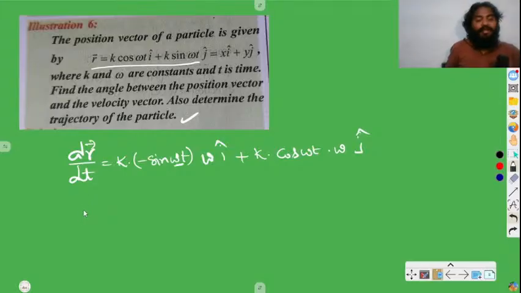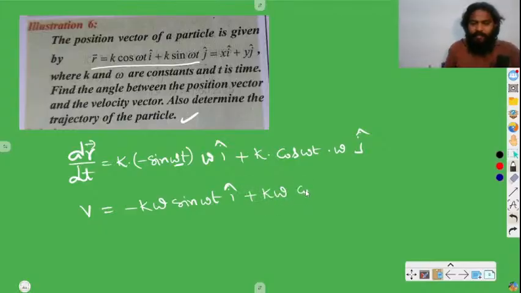Velocity vector v is equal to minus k omega sin omega t i cap plus k omega cos omega t j cap. This is nothing but the velocity vector.